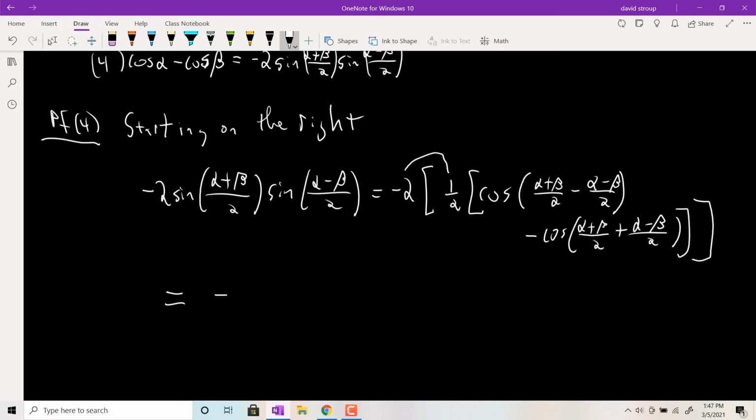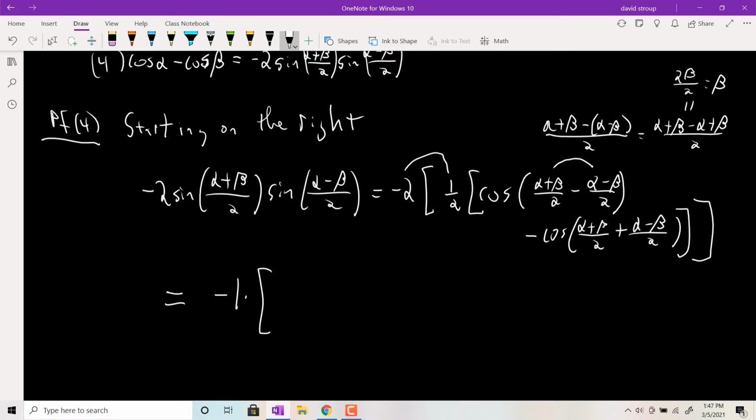So you get negative 1 times, and here, when you combine those two over the common denominator, what do you have? You have alpha plus beta minus, and you need parentheses here, (alpha minus beta), all over 2. So that's going to be alpha plus beta minus alpha plus beta all over 2. And then that'll equal, alpha minus alpha is just 0. You'll get 2 betas over 2, which will just end up being beta, believe it or not.